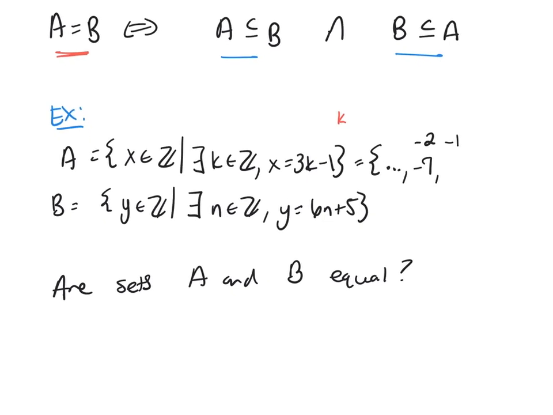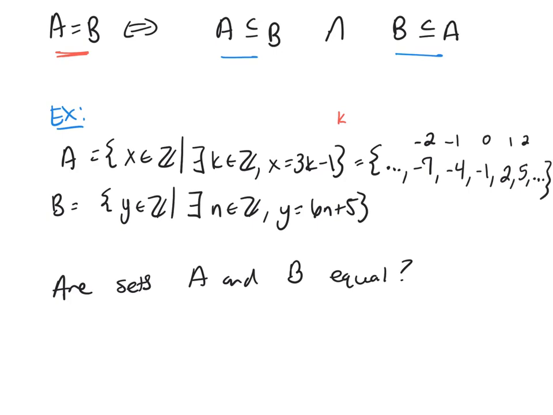I'll get -4 for X. 0 for K, you'll get -1. Let's plug in 1 and 2. So if I plug in 1, I'll get the number 2 for X. If I plug in 2 for K, I'll get the number 5, and so forth.